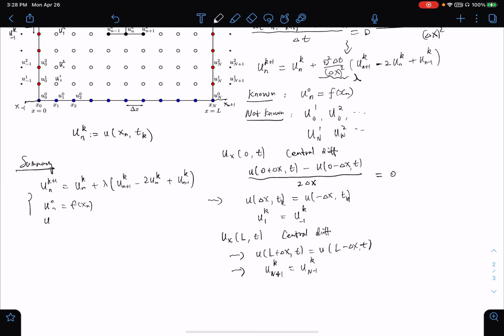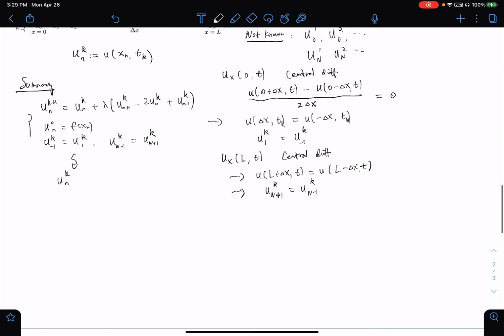And we have u_{-1}^k equal to u_1^k, and for the other boundary point we have u_{m+1}^k equal to u_{m-1}^k. With these conditions or values, we can actually generate any u_n^k. So let us look at the implementation in MATLAB.